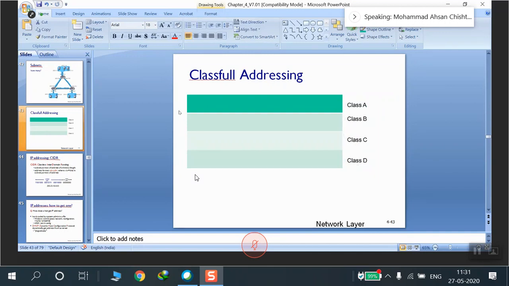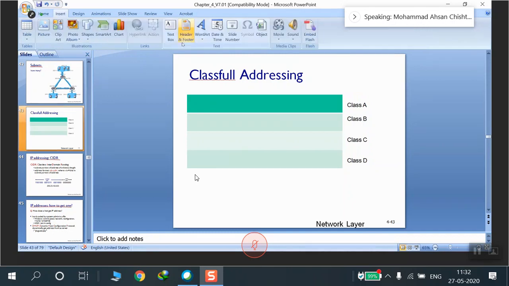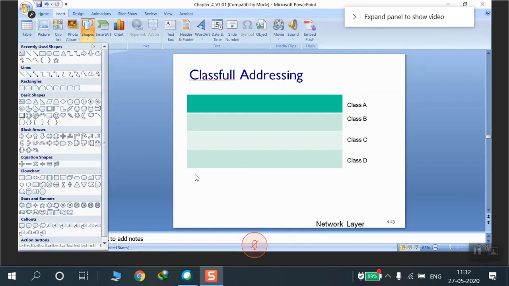Class A says the first 8 bits belong to the network part.